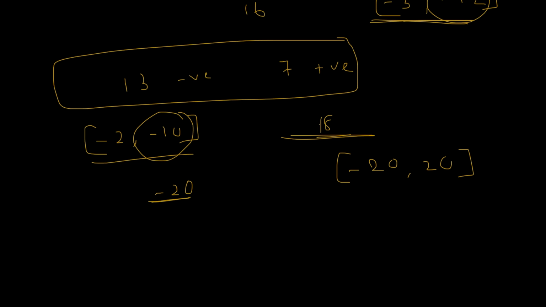So what we have done here is we have taken the largest possible value in the negative range and we have just added it to itself until we get a number less than or equal to -20.